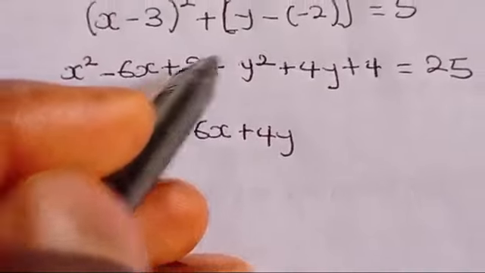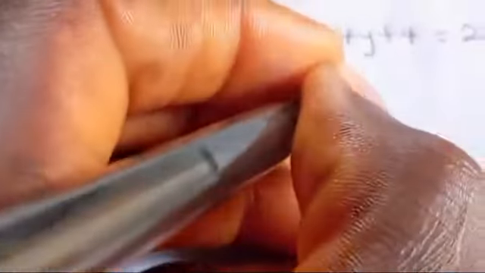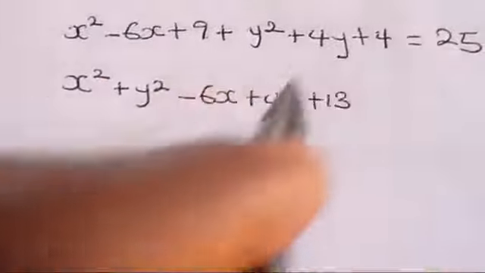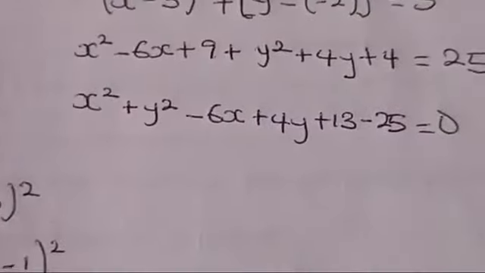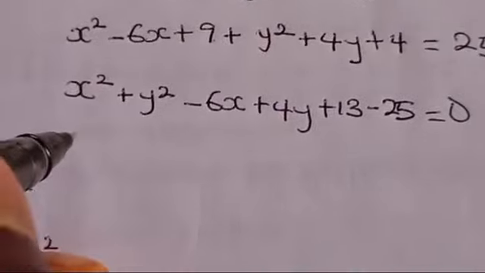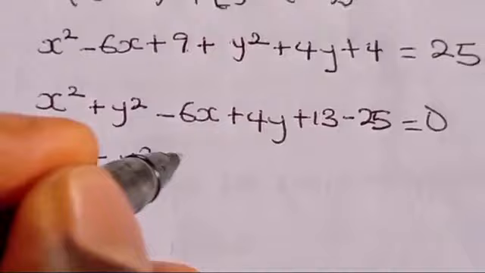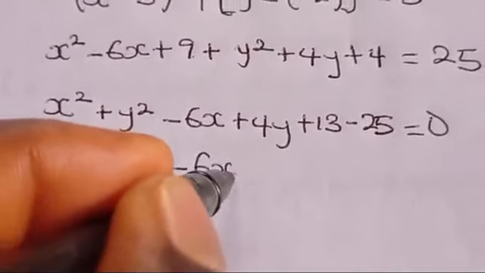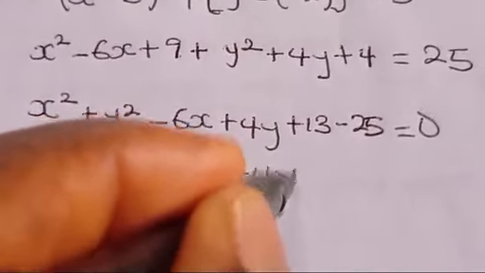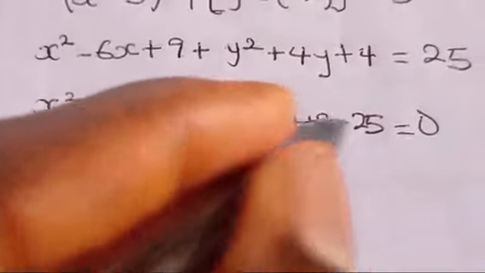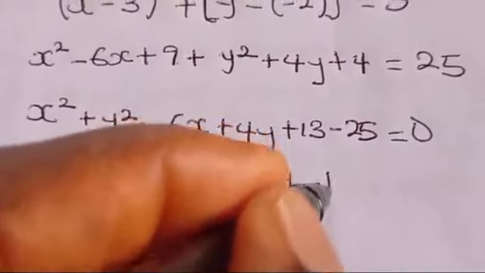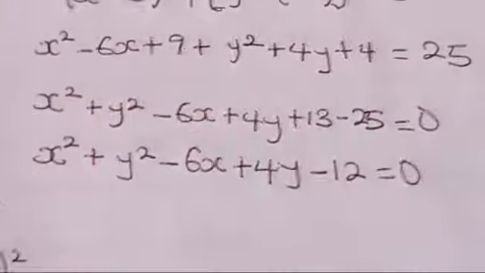Now 9 plus 4, we have 13. This 25 crossing the equality sign, we have minus 25 equal to 0. And finally we have x squared plus y squared minus 6x plus 4y. 13 minus 25, we have minus 12 equal to 0.